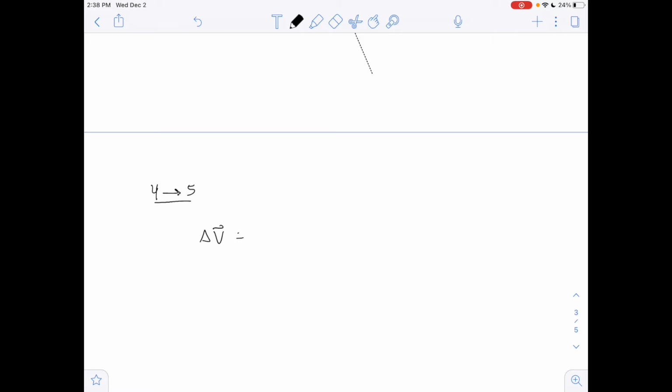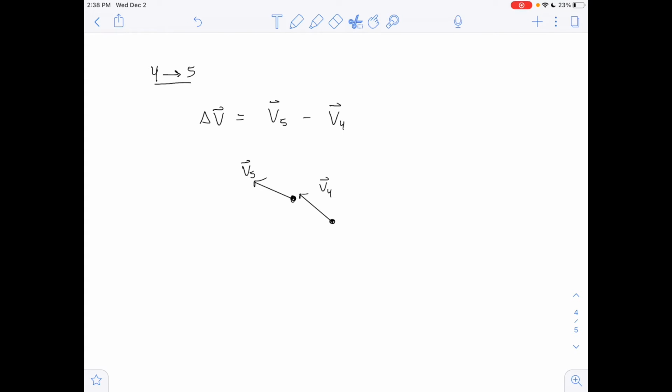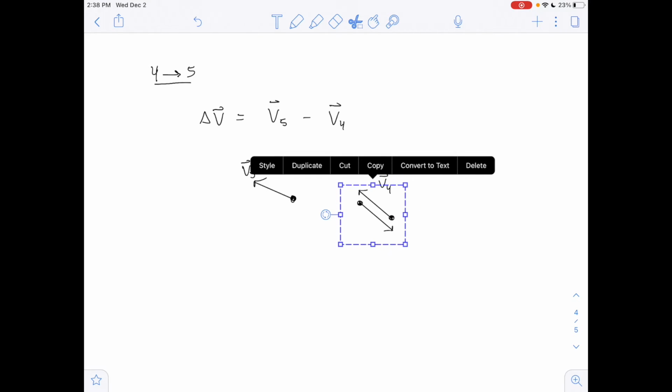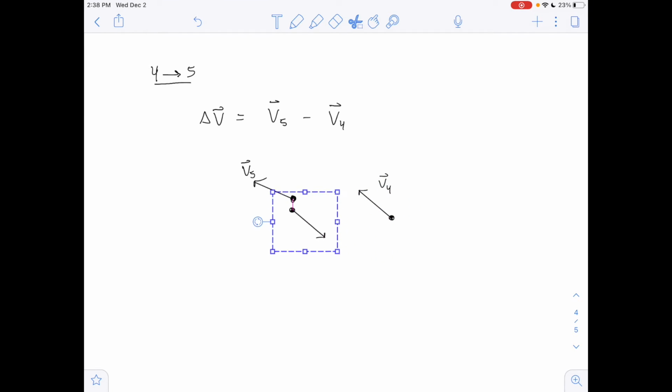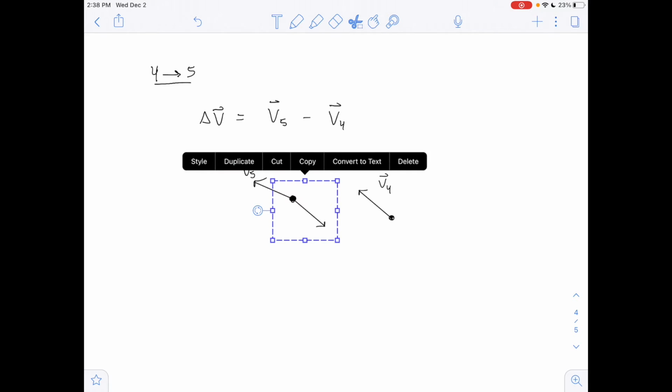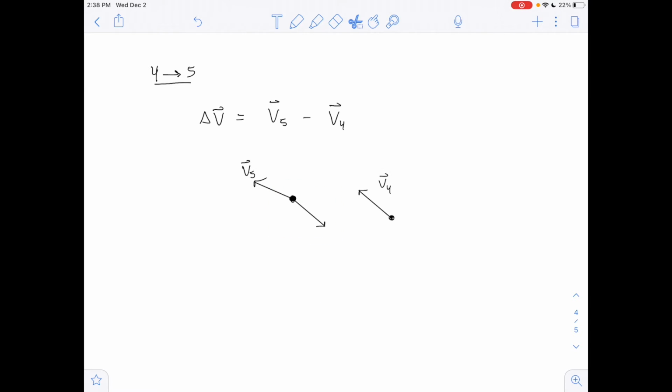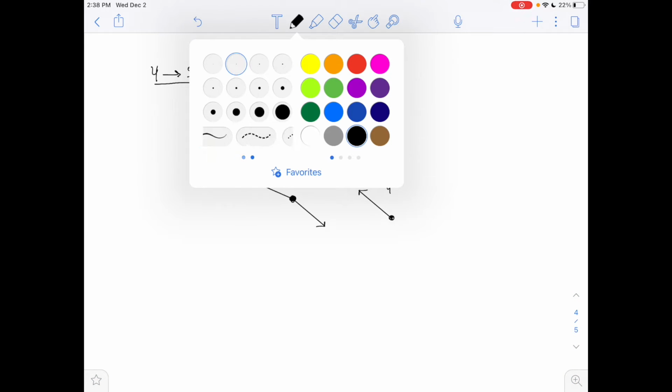So delta v here is going to be velocity 5 minus velocity 4. So what we have to do again is take velocity 4 and we need to flip this. So if we flip this, then that vector looks like this. And we will put those two together at the same point, and then we'll draw our parallel lines so that we can add those together.